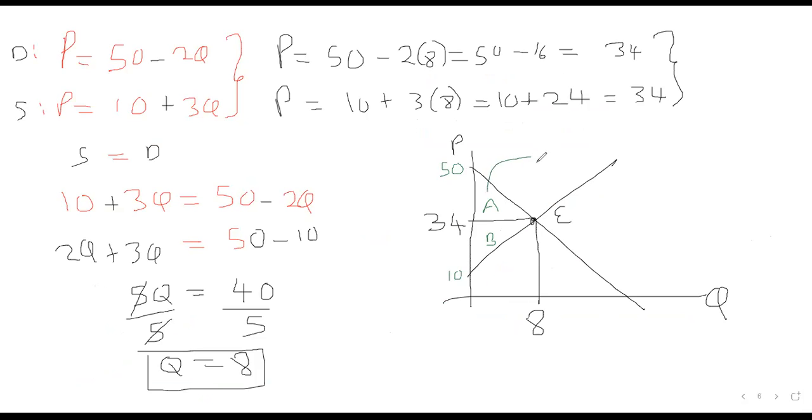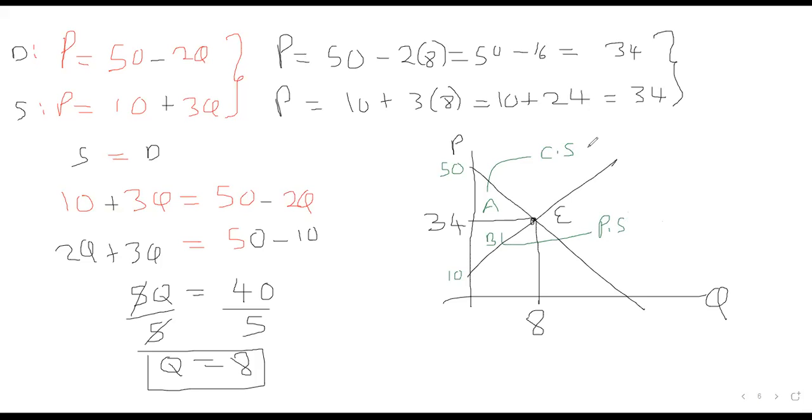A is what? A is consumer surplus. And B? Producer surplus, isn't it?